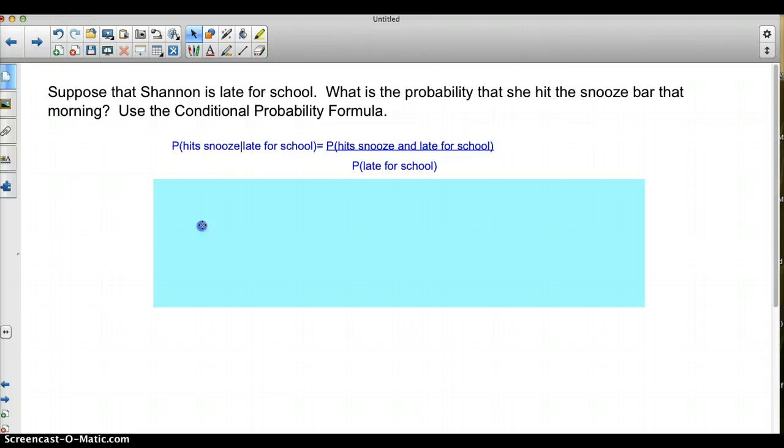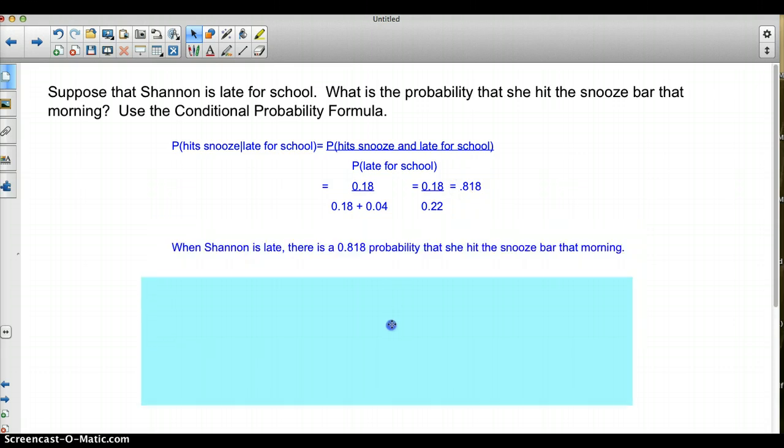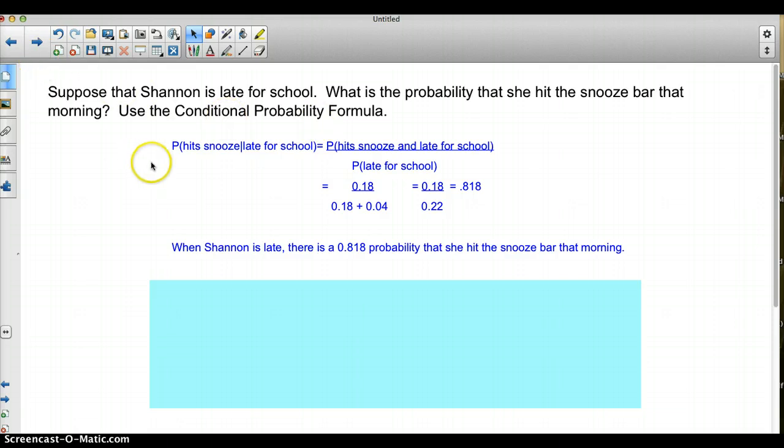So the probability she hits snooze and is late for school over the probability that she's late for school, we would have here 0.18 over 0.18 plus 0.04, because she's actually late for school in two different types, equals 0.18 over 0.22, and we get 0.818. So when Shannon is late, there is a 0.818 probability that she hit the snooze bar that morning. Okay, so again, you're still using the conditional probability formula throughout when you're doing it. It just can look a little different with how we're using it.